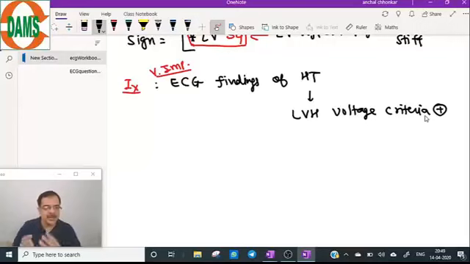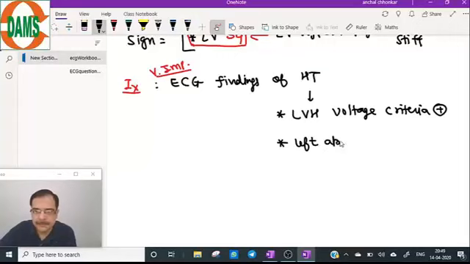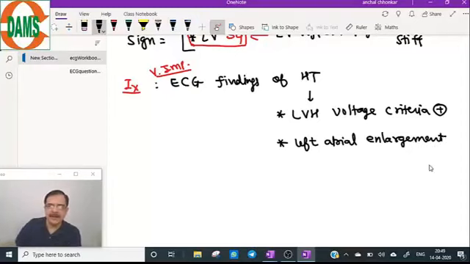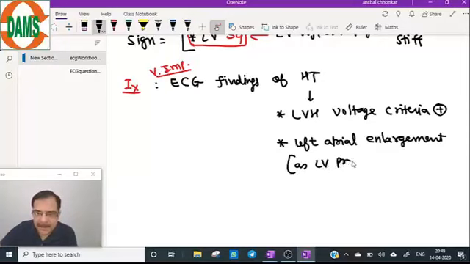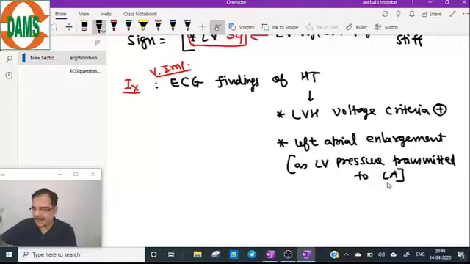And second, importantly, with left ventricle hypertrophy, pressure will be transmitted to the left atrium, so there will be left atrial enlargement also.